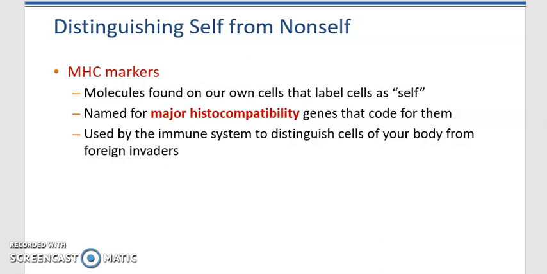One interesting thing is about 50% almost of the living cells in our body are actually not us, are non-self. So this is a pretty important job in our immune system of our T lymphocytes to be able to identify our cells as self or non-self.